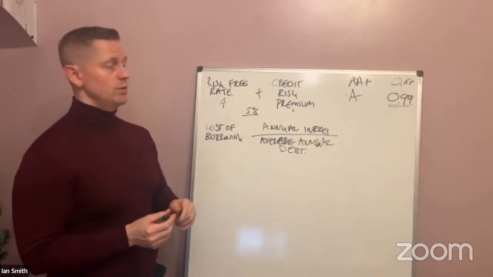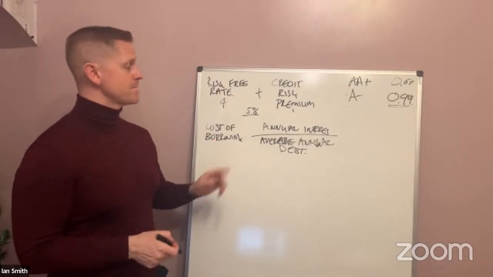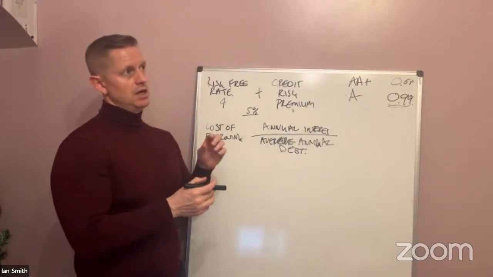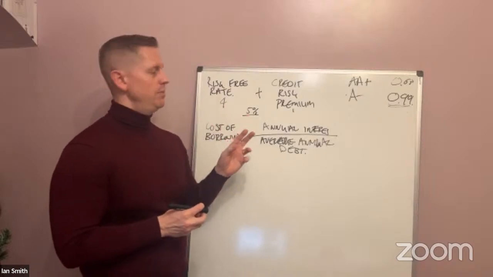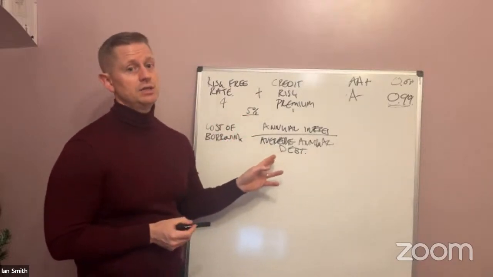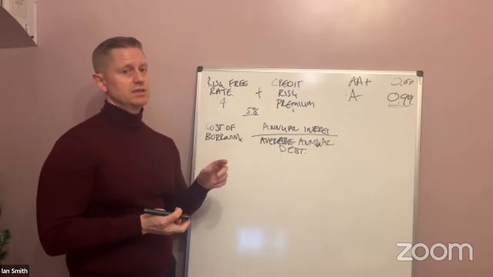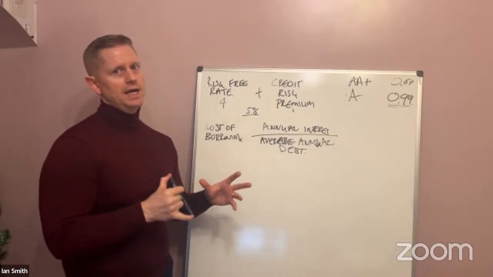That will also give you a percentage in terms of the cost of borrowing. So that will allow you to understand the level of interest the business is paying compared to how much debt is within the company.